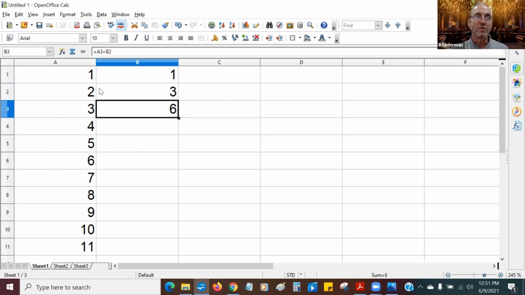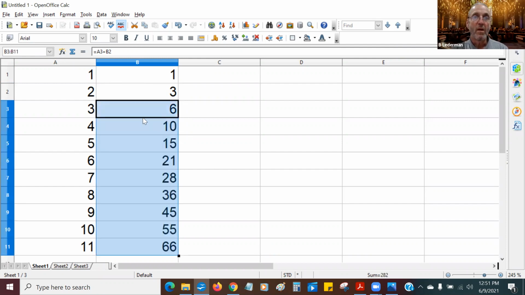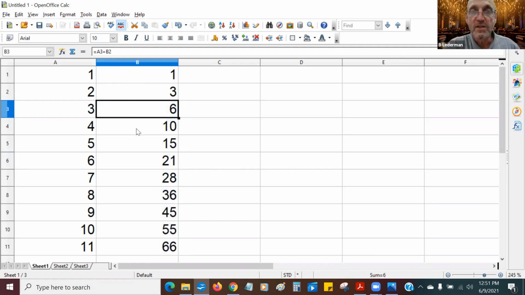Okay, so 1 is 1. 1 plus 2 is 3. 1 plus 2 plus 3 is 6. 1 plus 2 plus 3 plus 4 is 10. That's bowling pins, in case you're wondering. 1 plus 2 plus 3 plus 4 plus 5 equals 15.